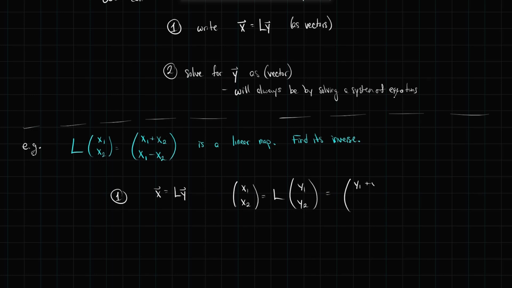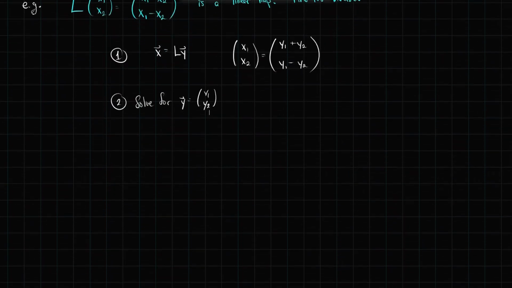And I end up with y1 plus y2, y1 minus y2. And so in some sense, we can forget about this inside term and just worry about the vector on the right here and say we've got this expression. Let's solve for the vector y, but the vector y is the vector y1, y2. So we'll go ahead and solve this expression for the vector y.